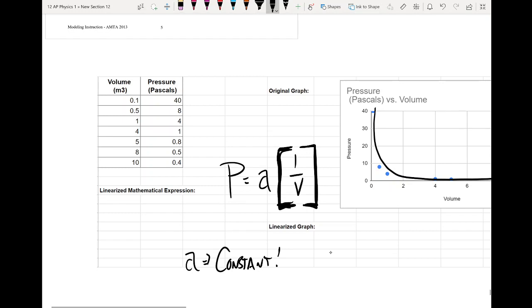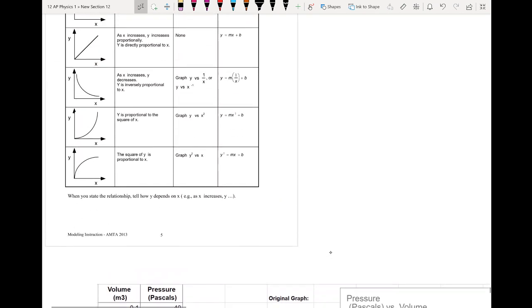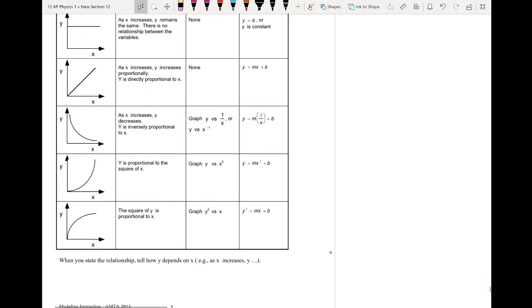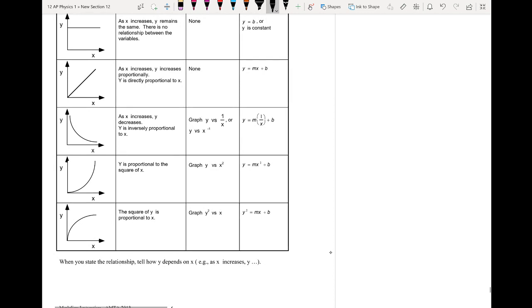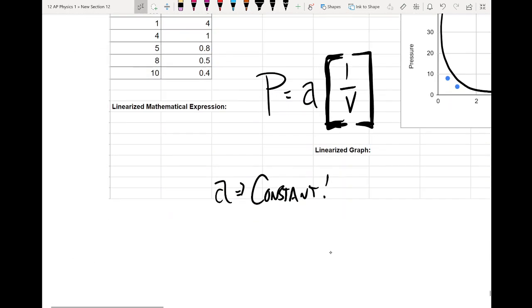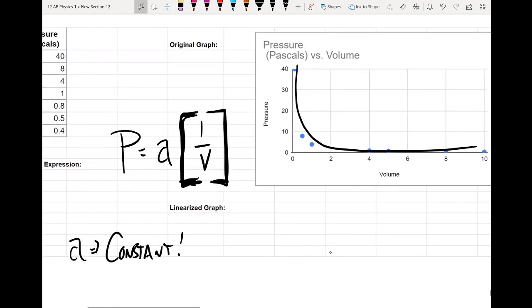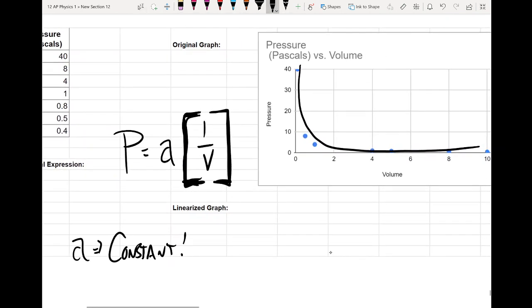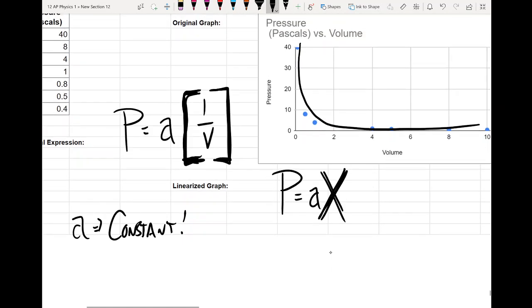P is related to the inverse of V. If I create a substitution right here, if I graph P equals A times X, that looks a lot like a y equals mx plus b equation. I have pressure on my y-axis, some sort of slope, A, m, so slope, right?